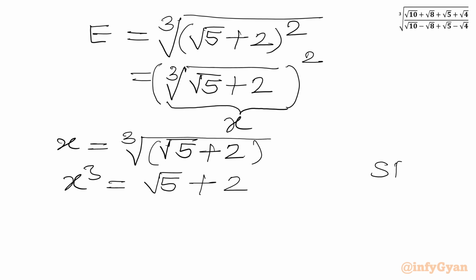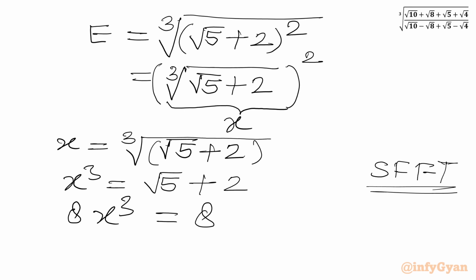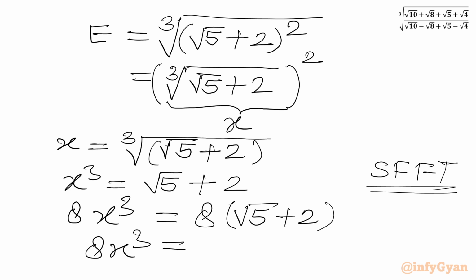Now I will use Simon's favorite factoring trick. So I need to multiply both sides by 8. So I will write 8x cube equal to 8 times (root 5 plus 2), or I can write 8x cube equal to 8 root 5 plus 16.